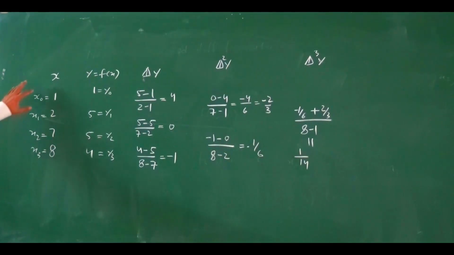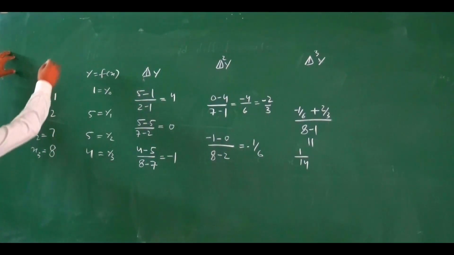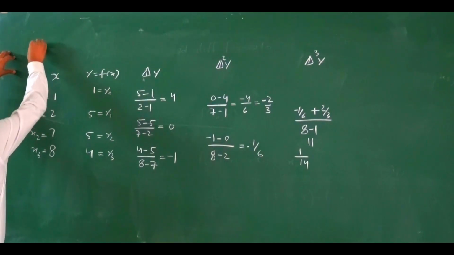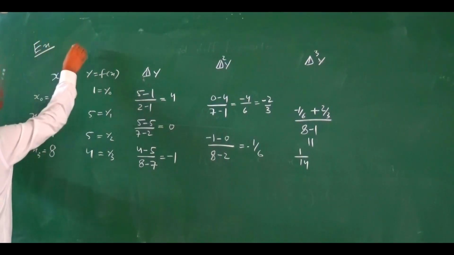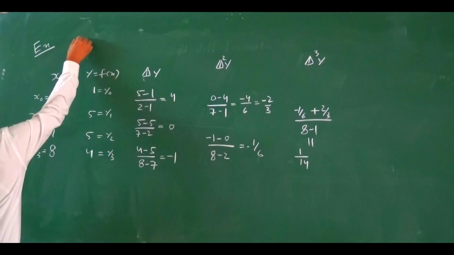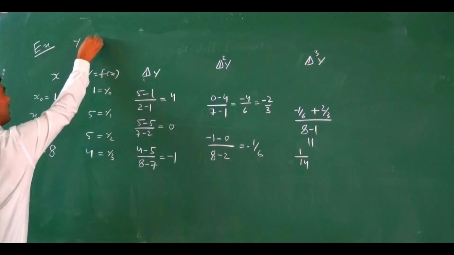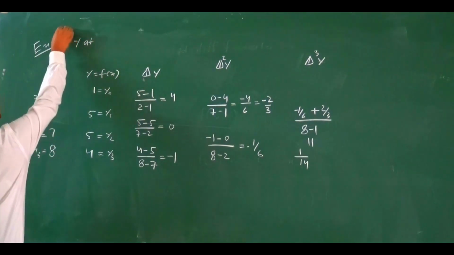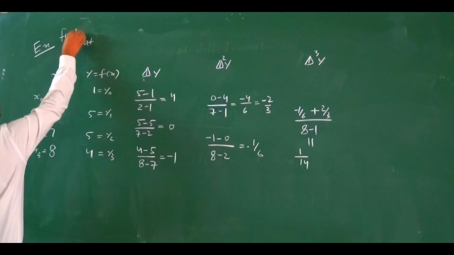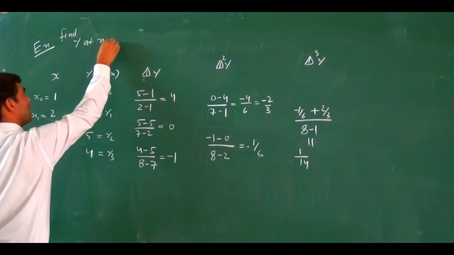Now the question is: for a given tabular value, find the value of y at x equal 6.